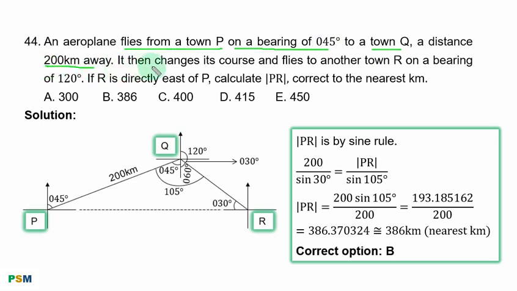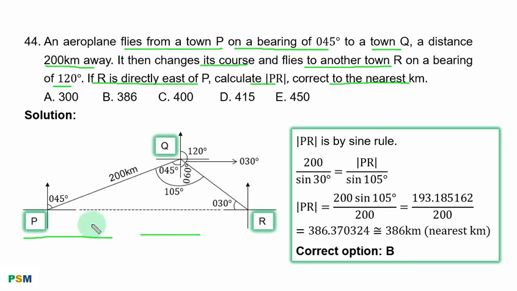It then changes its course and flies to another town R on a bearing of 120 degrees. If R is directly east of P, calculate PR correct to the nearest kilometer. Solution. This diagram represents the given information.